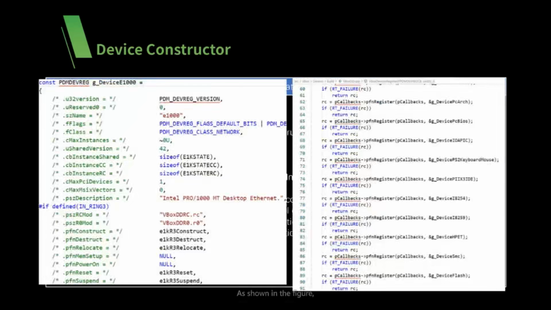As shown in the figure, the picture on the right shows that the main thread adds all device registration objects to the device list. Here you can see which devices are registered in VirtualBox. And the picture on the left is the device registration structure of the E1K device, which is a good entrance to understand the E1K device.